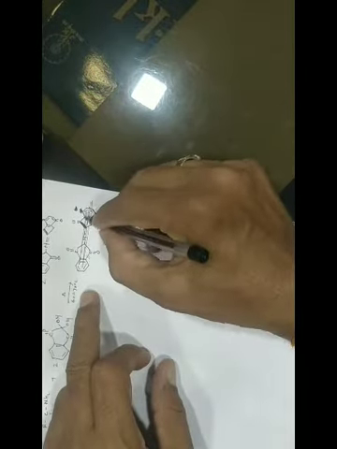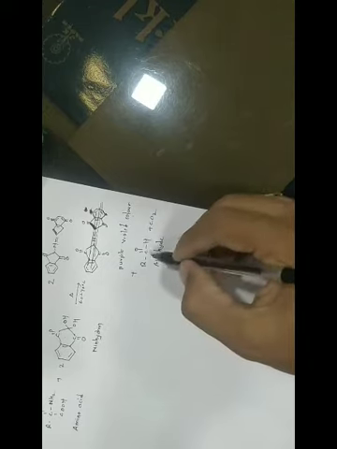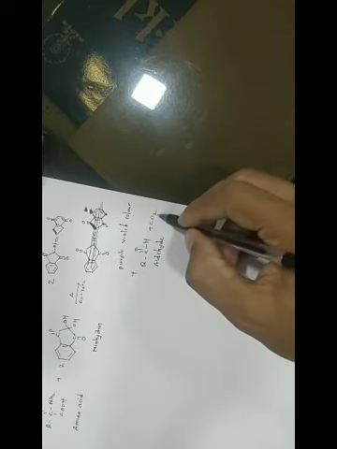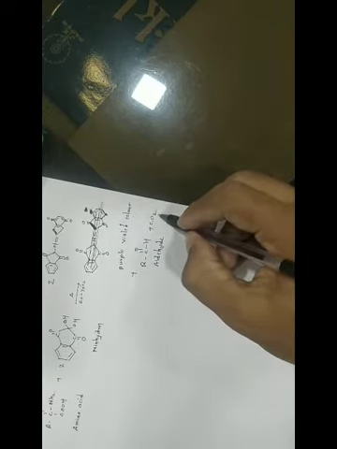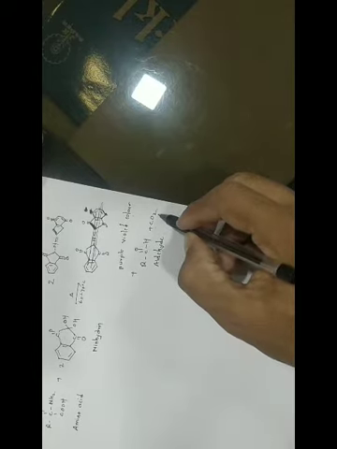Don't make silly mistakes. Now these are 2 molecules. Alpha amino acid reacts with ninhydrin, the 2 molecules of ninhydrin. That's why the reaction is balanced, and the aldehyde and the carbon dioxide group are removed. Now these are the ninhydrin reactions.